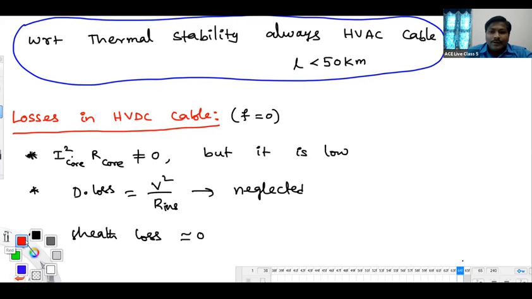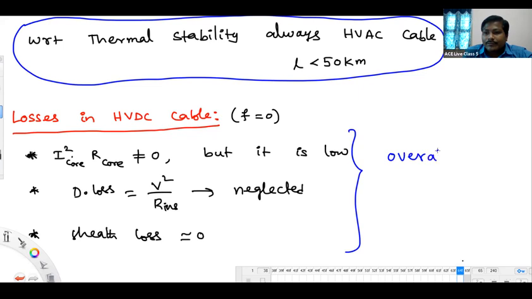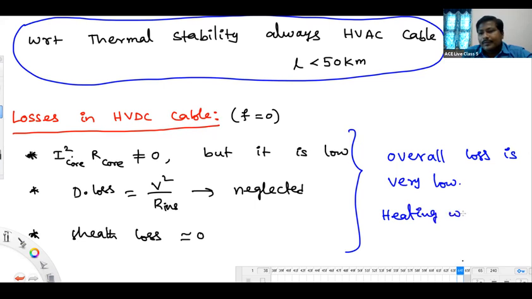In the DC cable, I'll write, overall loss is very, very low, so that heating will be less in the cables.